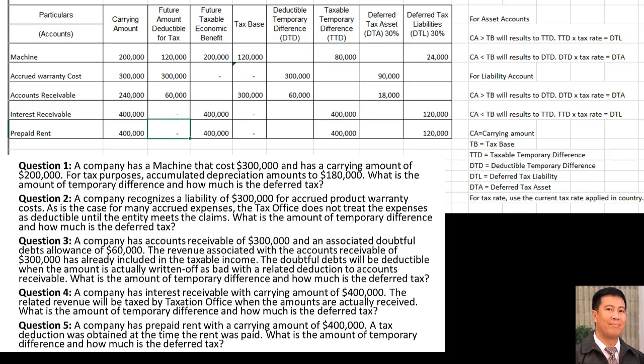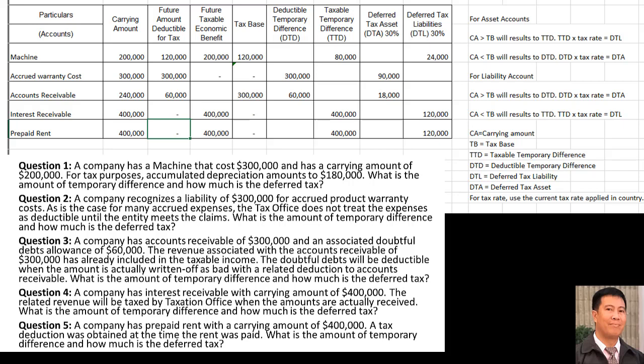In taxation, it should not exist there. Alright? So clear how you look at it? Accounting standards against tax rule. Liability: in that case, carrying amount is $300,000. Tax base is 0.